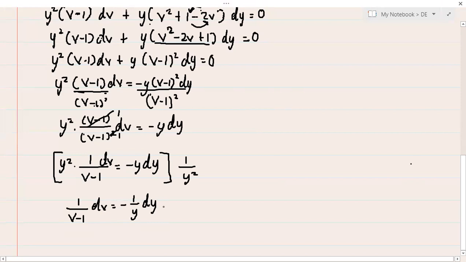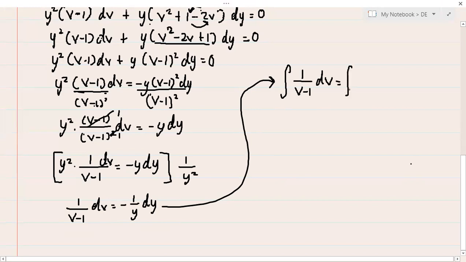Now, what we can do here is integrate both sides. Right? Because the function of v with dv and the function of y with dy are now paired. If you integrate the left side, it becomes ln of v minus 1.